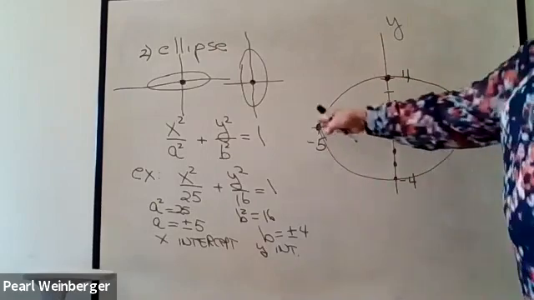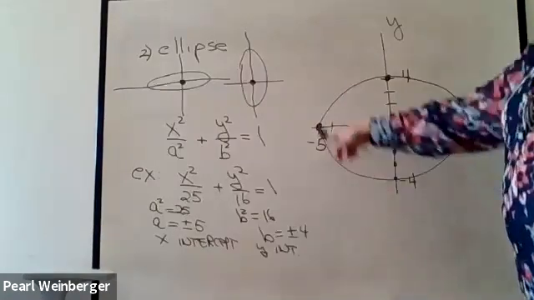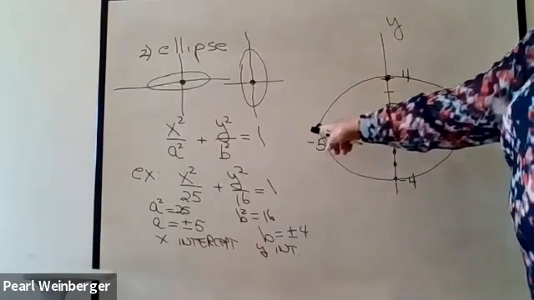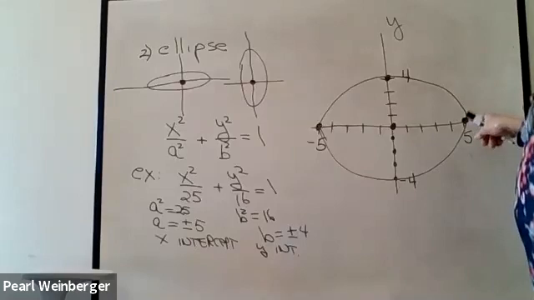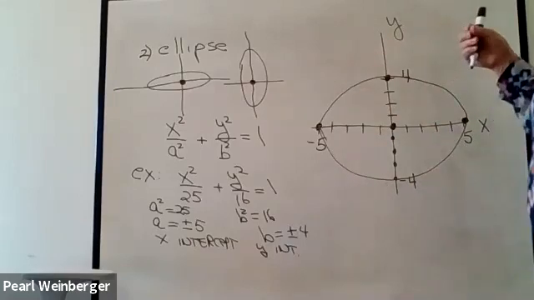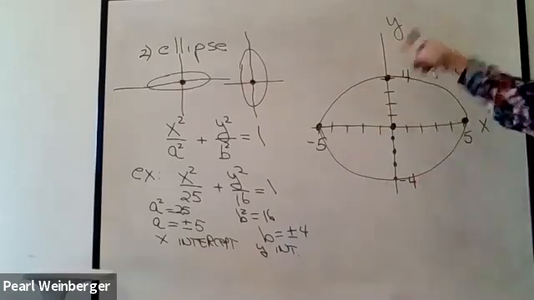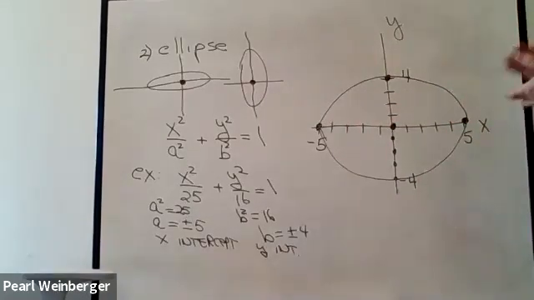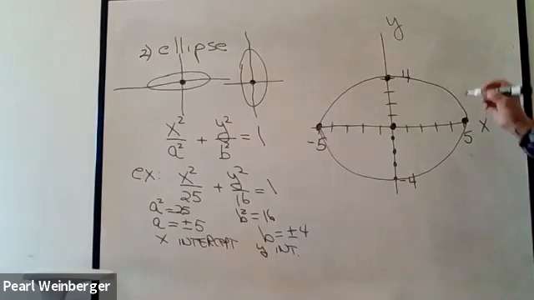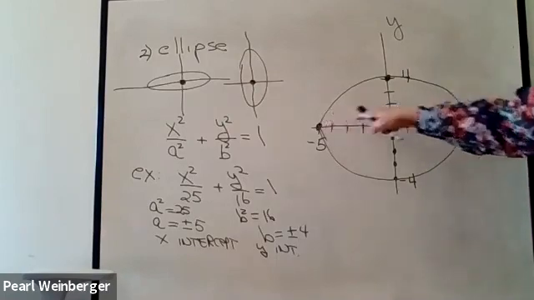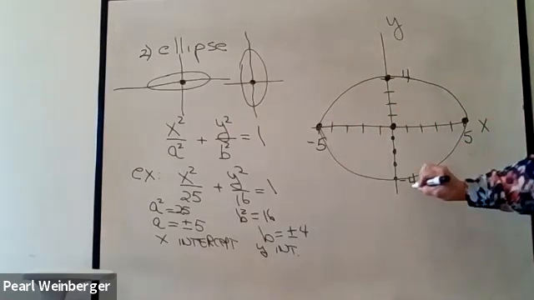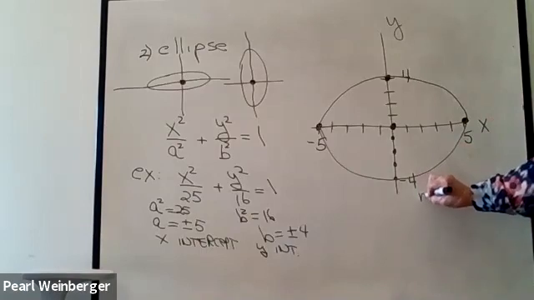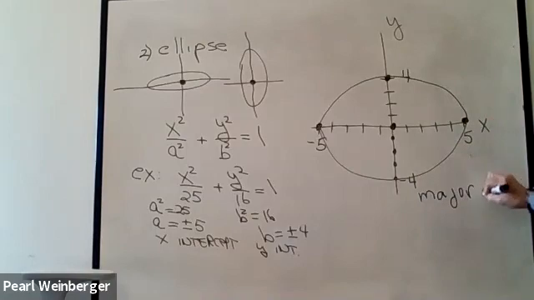In a circle, all four of these numbers would have had to be the same. If this was 5, they'd all have to be 5. When the x-intercepts and the y-intercepts are not the same, then what you get is an ellipse. The longer axis, which in this case is the horizontal line, is called the major axis.